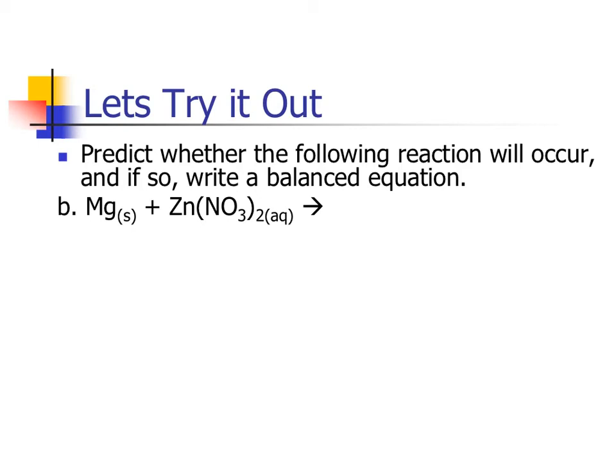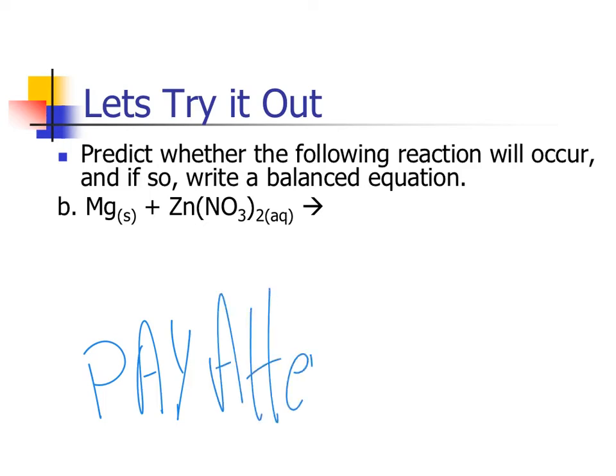And because zinc is less popular than magnesium, magnesium is going to replace zinc in this reaction. Now, one of the things that we have to make sure that we pay attention to is charges.